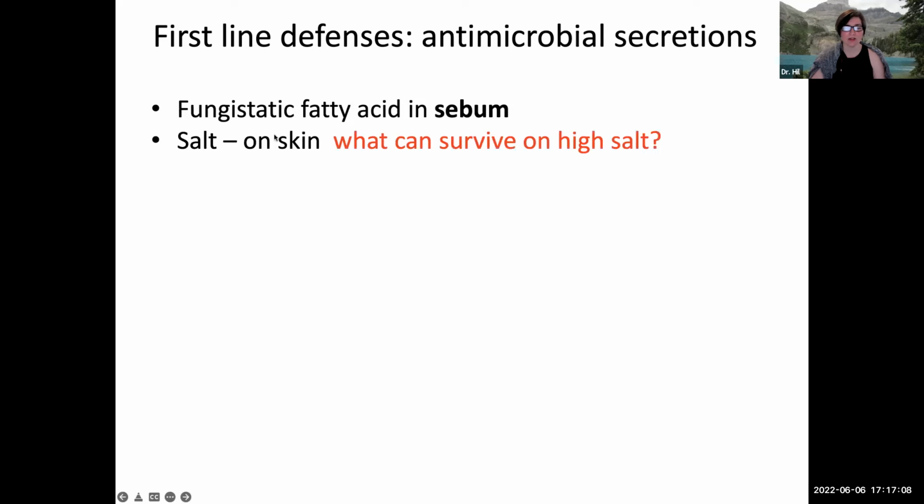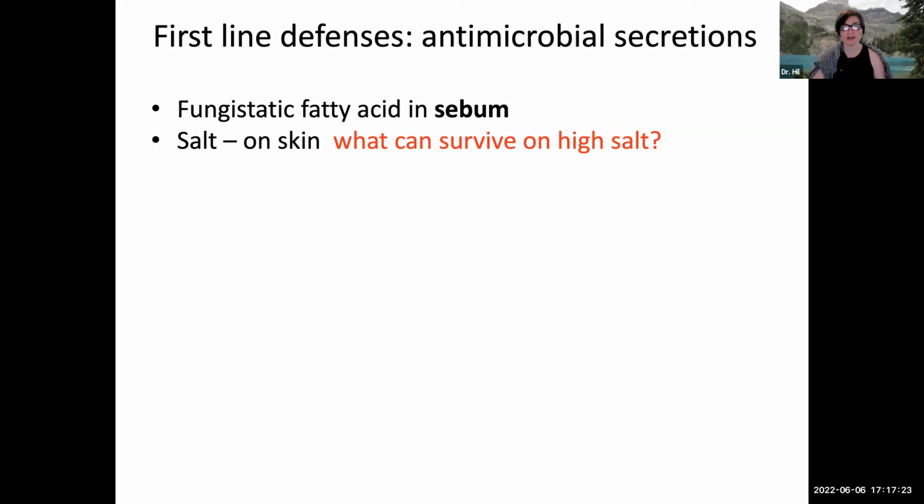Additionally, in your first line of defense are some antimicrobial secretions in that mucus and in other secreted fluids, like in your sweat. There's an antifungal component, and your sweat is salty, providing a salty surface for your skin. Most organisms that are pathogenic are not going to be very happy on your salty skin. There are some exceptions that include our normal microbiota.